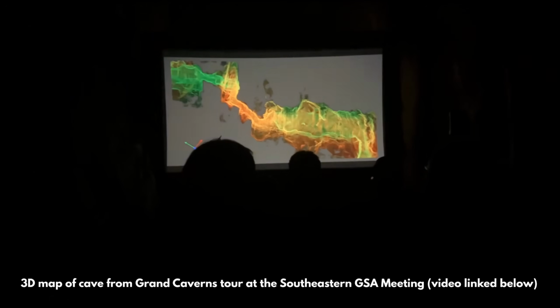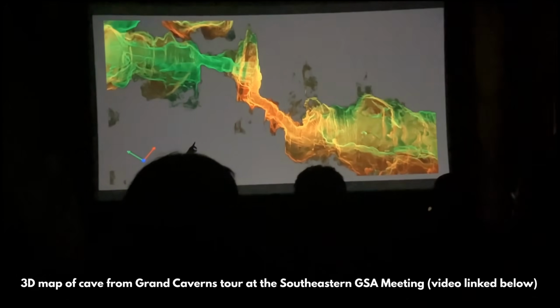And so there's a whole bunch of other aspects of hydrology that you can answer or start to answer with caves. So a lot of people are really interested in understanding how do caves push water through quicker, right? And so what a lot of people are doing is they're using caves to map out these conduits.